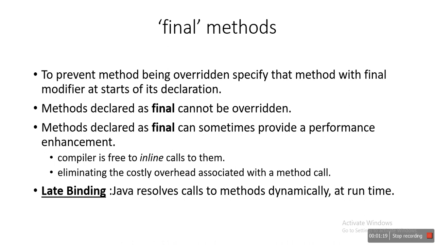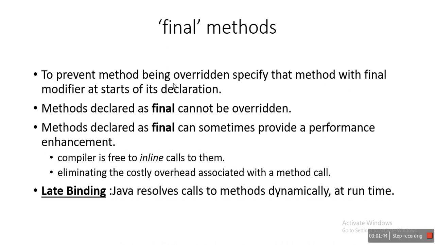Now, to prevent this method overriding, we declare the method as final. If we declare any method as final, that prevents the method from being overridden by the child class. For example, why do we use final methods?